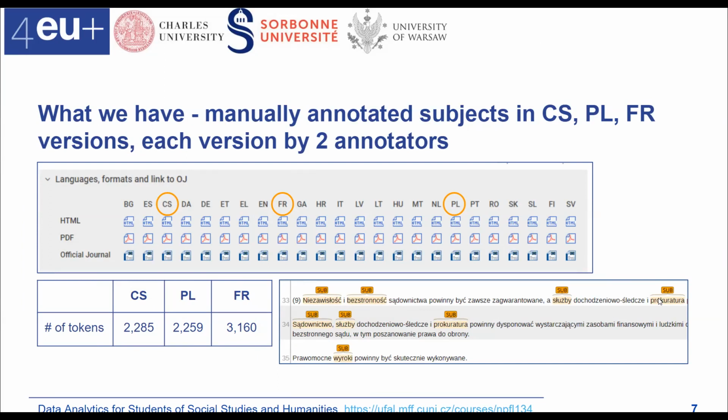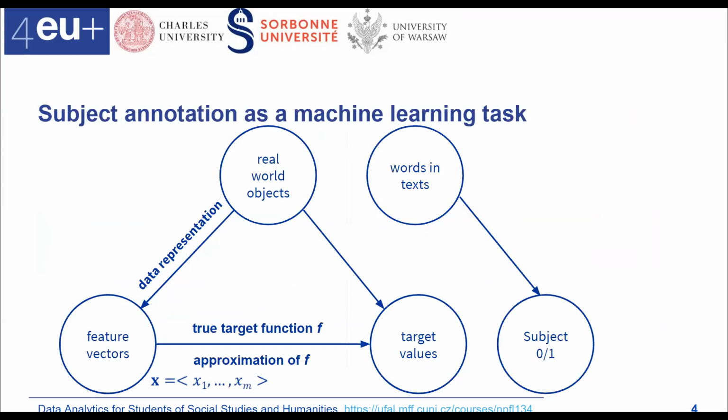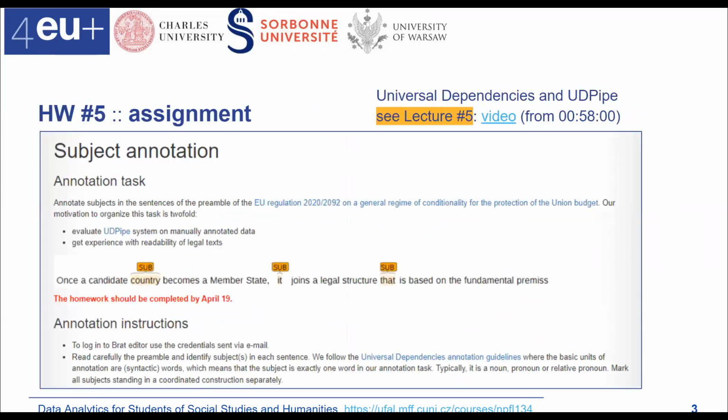Okay, I was just confused by the instructions, because it strictly said that we were supposed to keep the universal dependencies annotation codex sort of, where each sentence has only one subject.